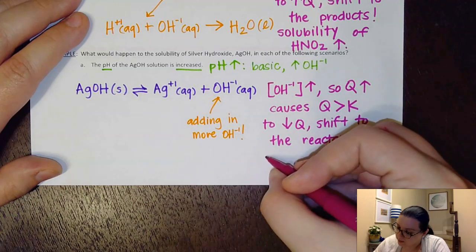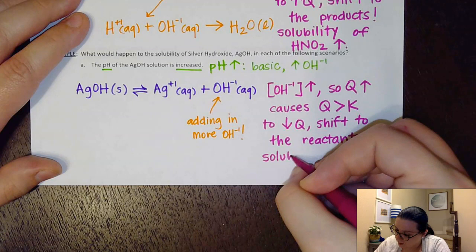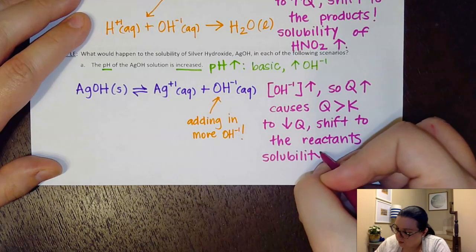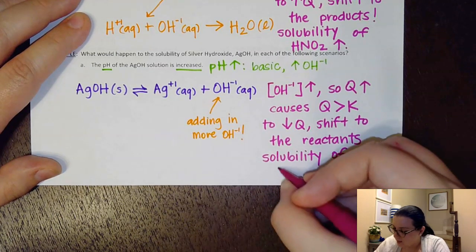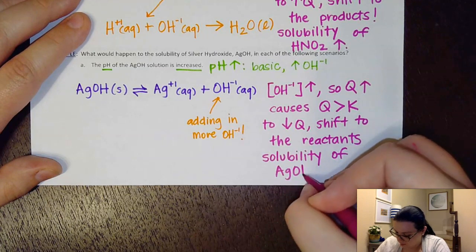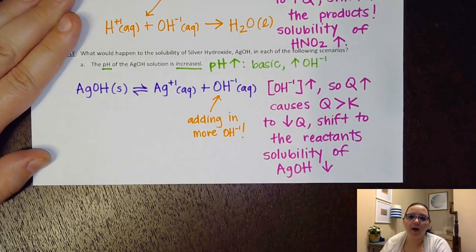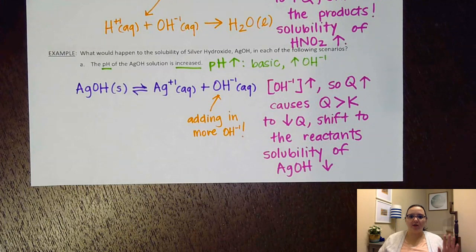So what that means here is that the solubility of the AgOH has decreased, which, by the way, backs up our discussion about the common ion effect: when I introduce a common ion into a solution, the solubility level decreases. So that is the way you would want to describe it with Q and K if you had to do that in an FRQ question.